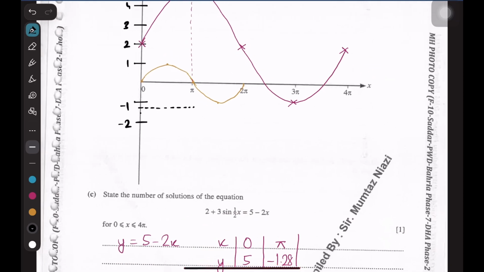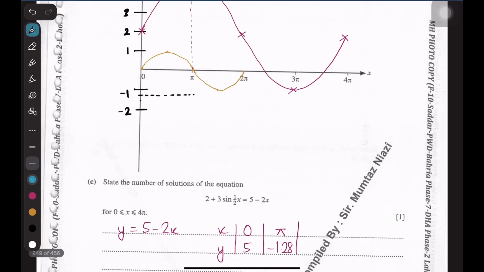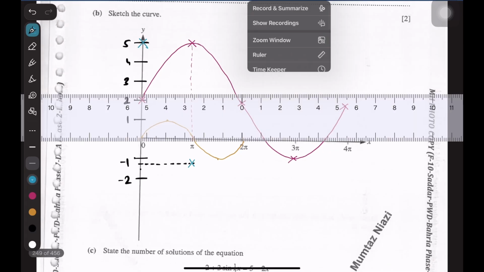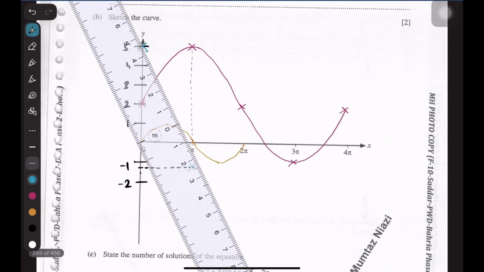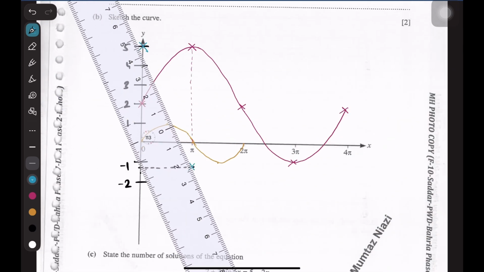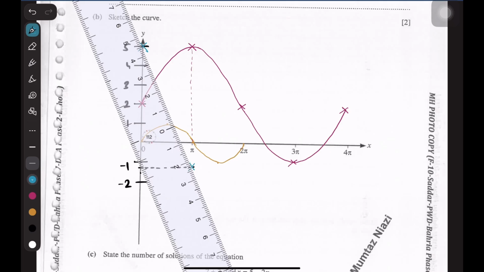Alright, so pi, negative 1.28 will be somewhere here. Let's take out our ruler, join the 2 points that we've drawn in blue, and sketch our line. So this will be the line 5 minus 2x.